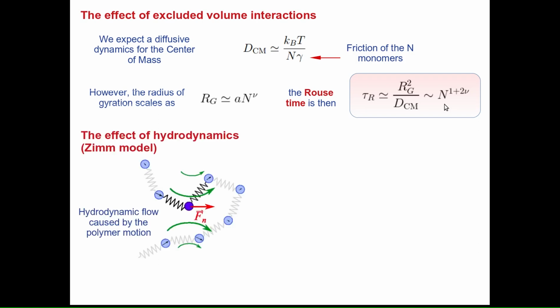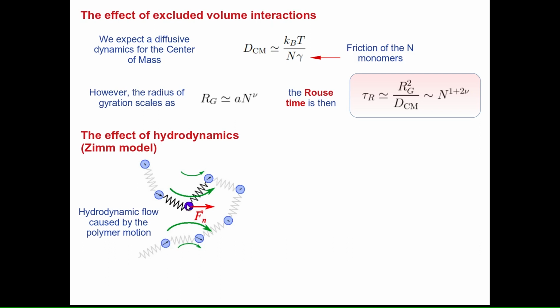Another case that we want to discuss, and it's an interesting situation, is the effect of hydrodynamics. What is hydrodynamics? We are studying single polymers here, but these polymers will not float in vacuum. They will be immersed in a fluid. When it is immersed in a fluid, there is a back reaction of the fluid.